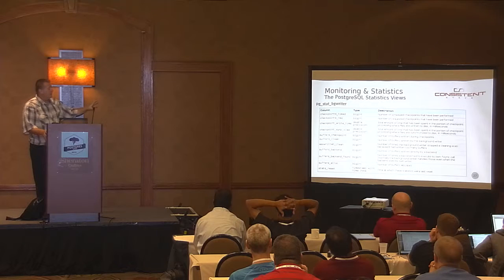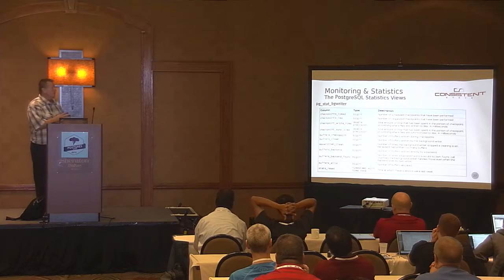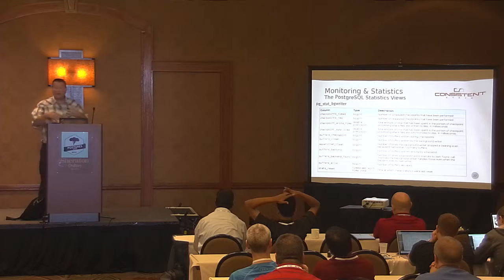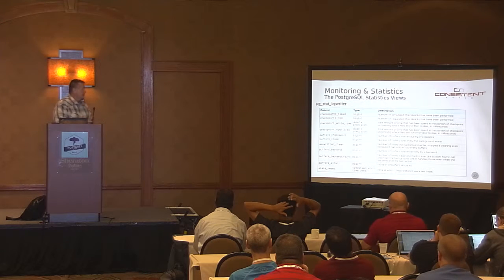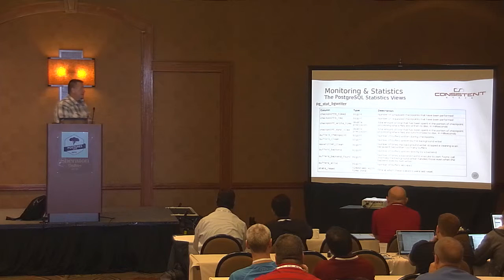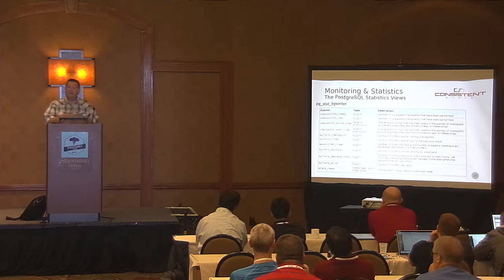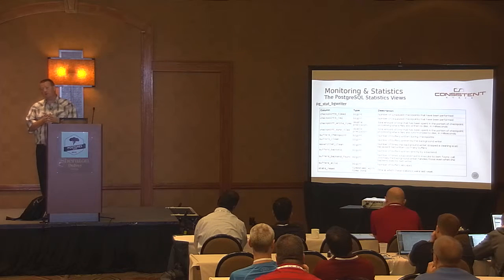There's a checkpoint_write_time and a checkpoint_sync_time that gives us the total amount of time spent writing checkpoints versus the total amount of time spent doing the checkpoint processing in terms of syncing the dirty pages to disk. Also, it's got a buffers_checkpoint value, which is the number of buffers from your memory buffer pool that have been written during a checkpoint.